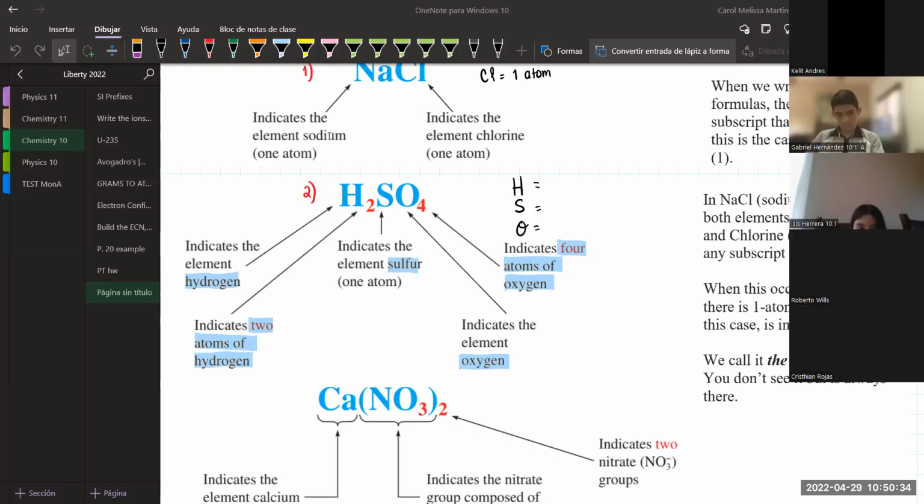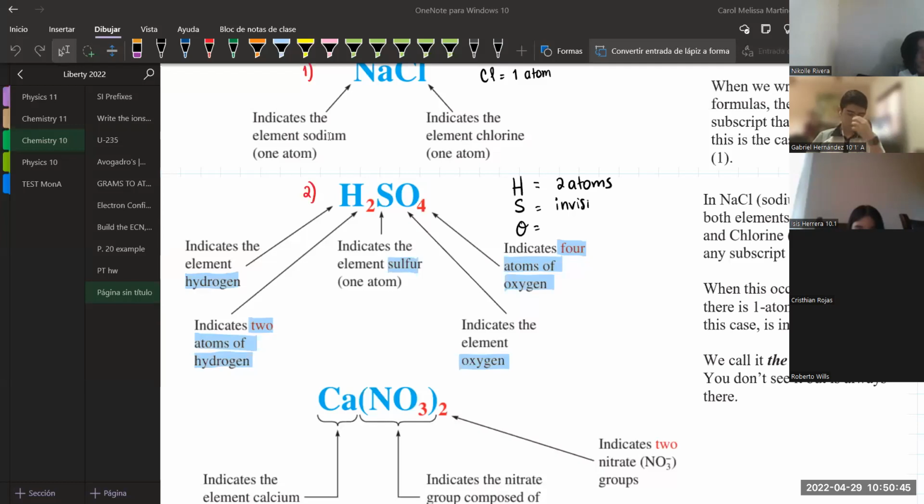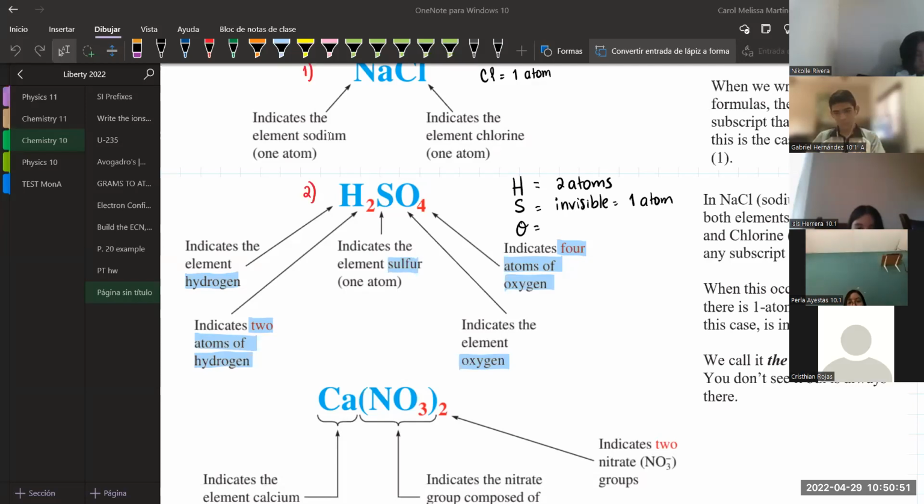Hydrogen, how many? 2 atoms, okay? Sulfur, 1 atom. It is invisible, therefore it's going to be only 1 atom. Oxygen, how many atoms? 4 atoms, okay?